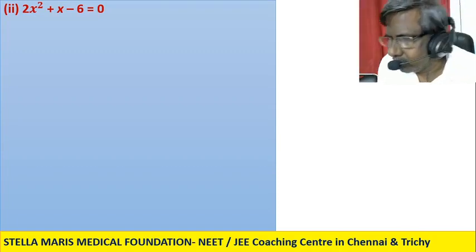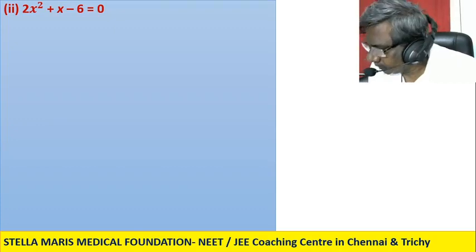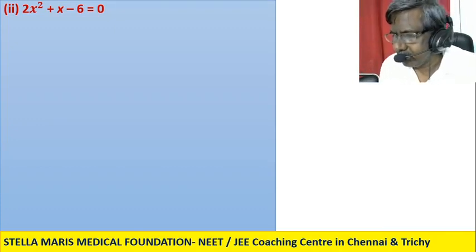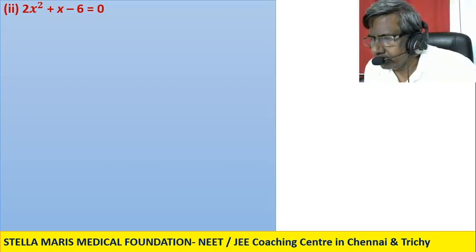Good, Shivakumar. Minus 2 and 3 by 2. So Abhishek is also getting the answer. Good. Negative 3 by 2 and minus 2. Exactly right. All of them are right.